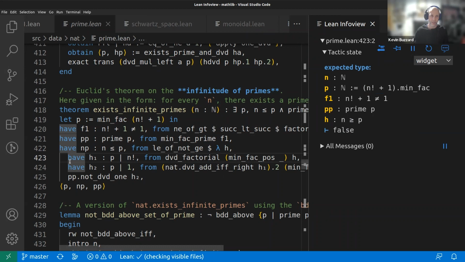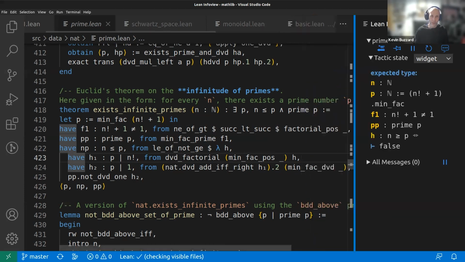And the contradiction is that first we prove that p divides n factorial, because it's smaller than n, so it certainly divides n factorial. n factorial is the product of a bunch of numbers, one of which is p. And because it divides n factorial, and it divides n factorial plus 1, it divides 1. And if a prime divides 1, then, I mean, that can't happen. And so there's the contradiction that we were seeking, and that's the end of the proof.